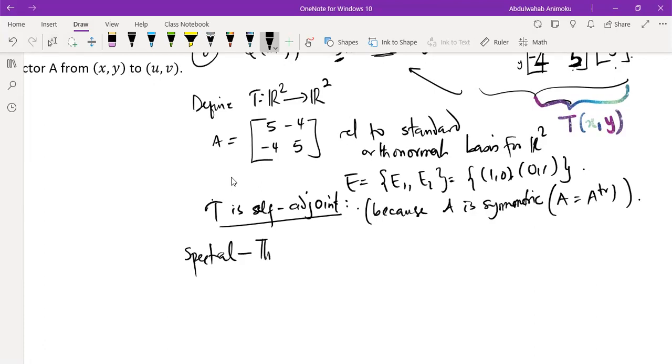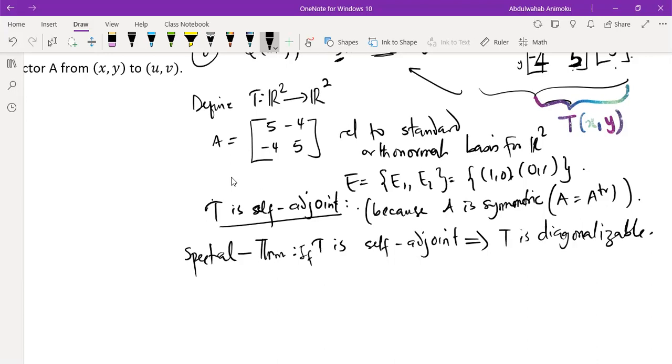By the spectral theorem, we said that if T is self-adjoint, then it implies that T is diagonalizable.